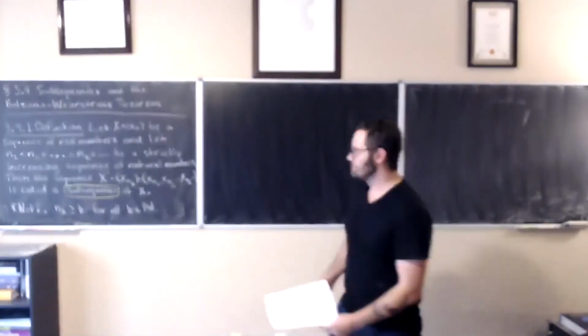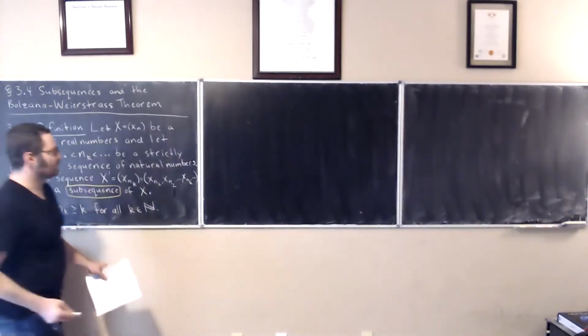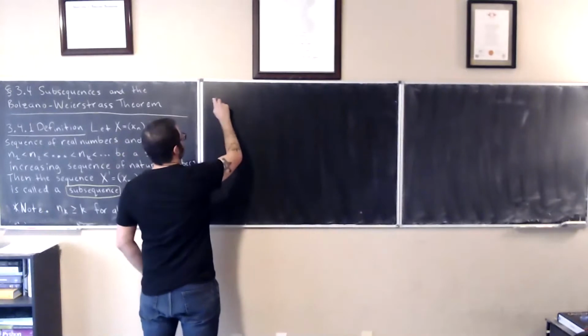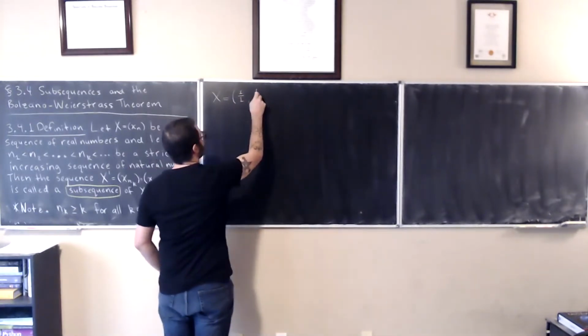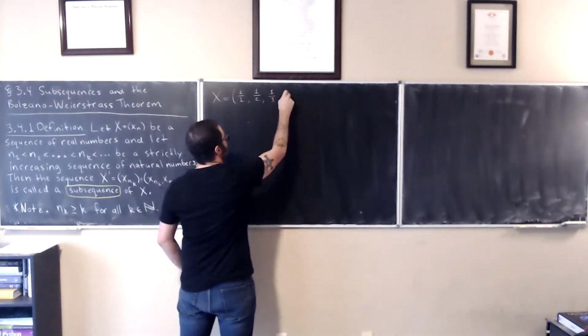Okay, so this is a rather maybe cumbersome definition. So maybe it might help if I give an example. Suppose your sequence is 1 over 1, 1 over 2, 1 over 3, so forth and so on.